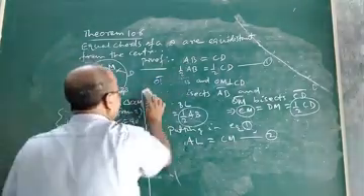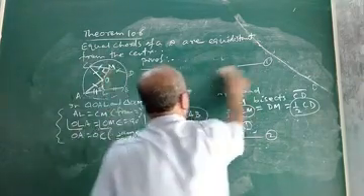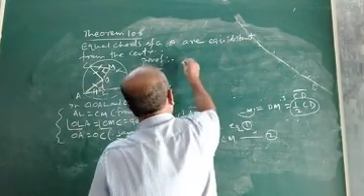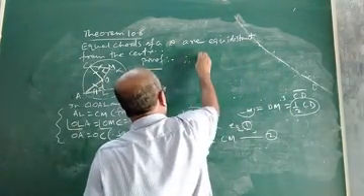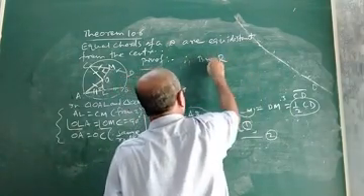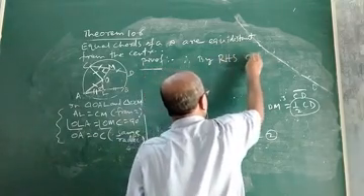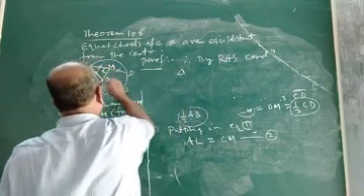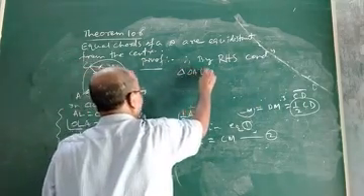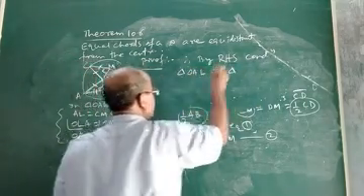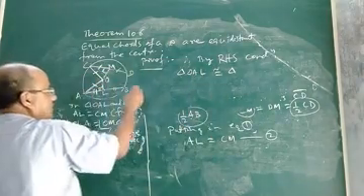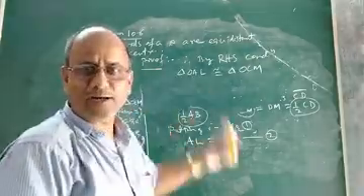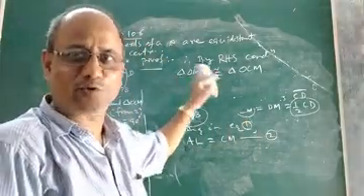Therefore, by the RHS congruence condition, triangle OAL will be congruent to triangle OCM. So ultimately we proved that the two triangles are congruent.